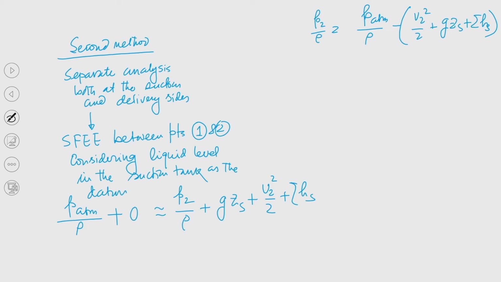This is basically the manometric head. Why is this the manometric head? Because it is the kinetic, potential plus frictional head. So if we do this, this is what is correct.